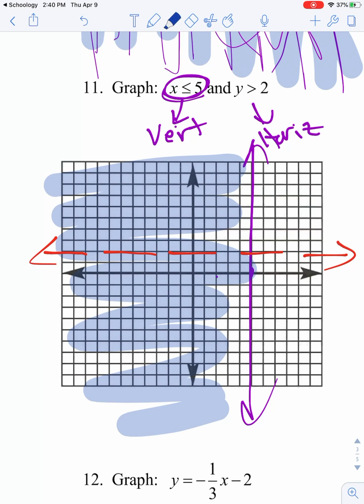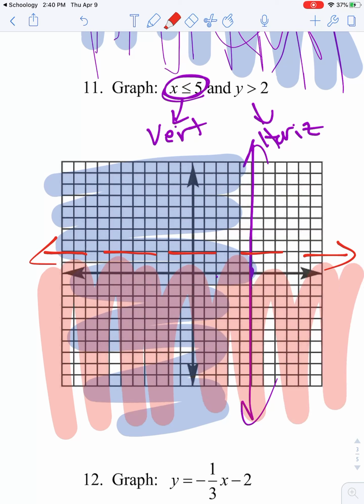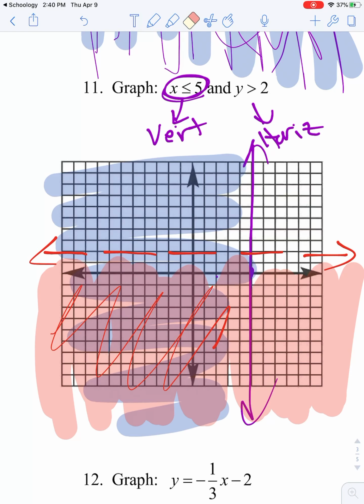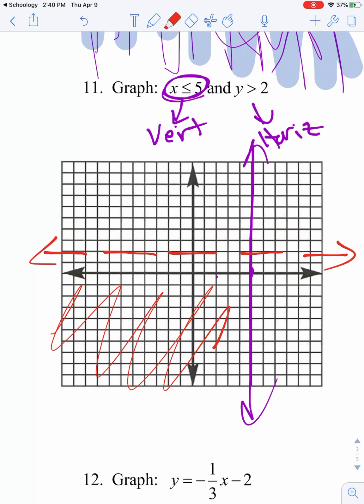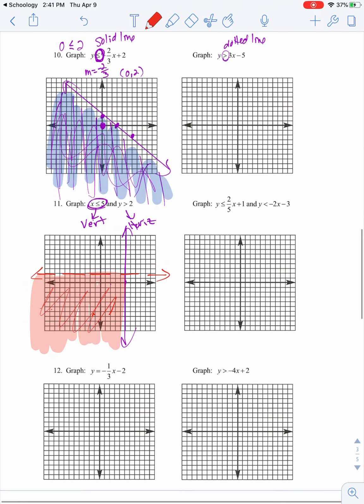And it's all the y values less than 2, so that's below. And so you look to see where the shading overlaps, and it's right down here. So your final solution is always going to be where they overlap. This is your final solution. So all of these ordered pairs would make both of them correct.